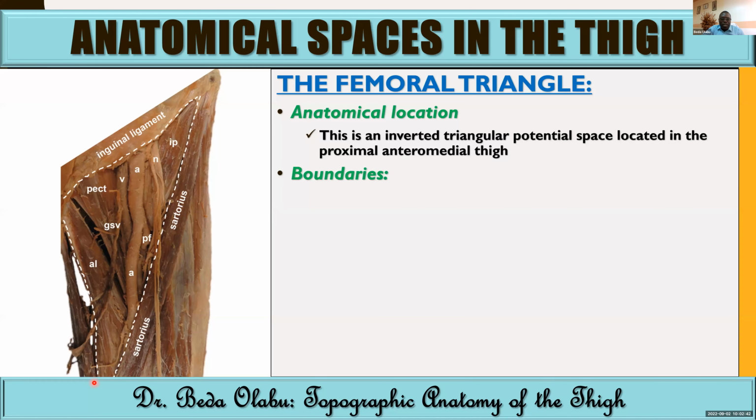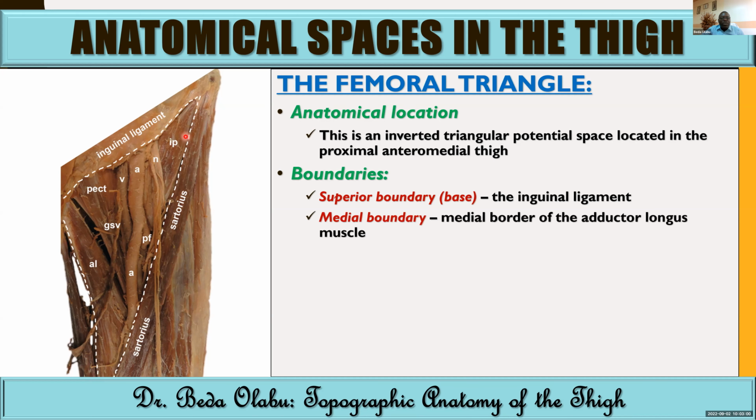So what are the boundaries? We'll expect it to have 3 walls, and then a roof and a floor. The superior boundary, which is called the base of the triangle, is this one here, formed by the inguinal ligament. The medial boundary, which is this one here, is formed by the medial border of the adductor longus muscle.